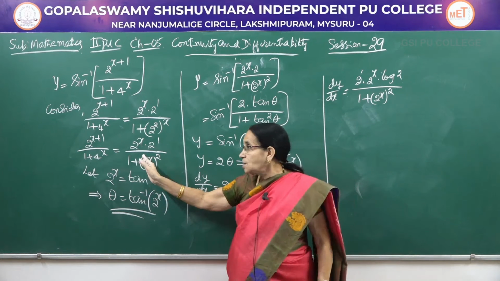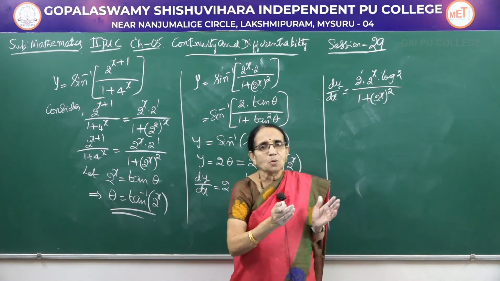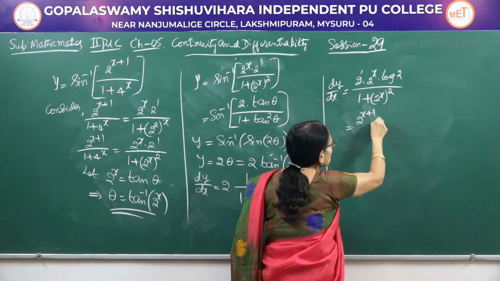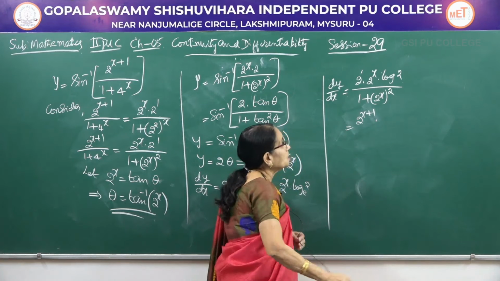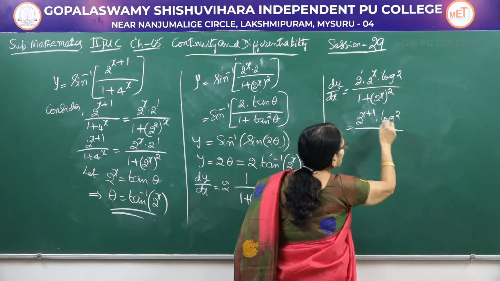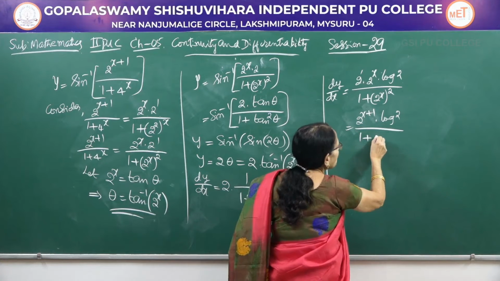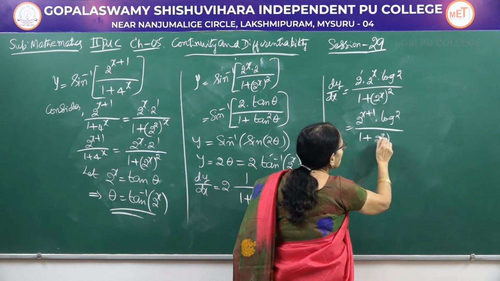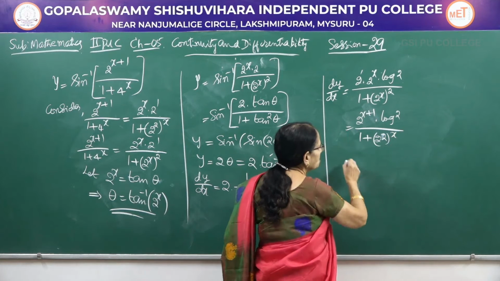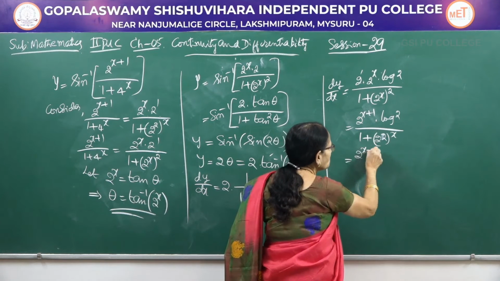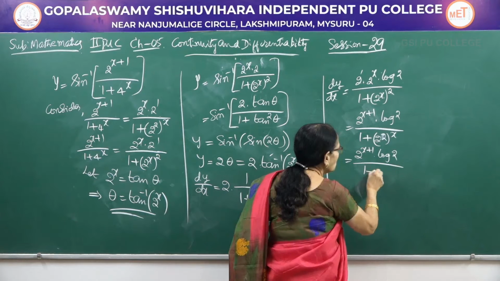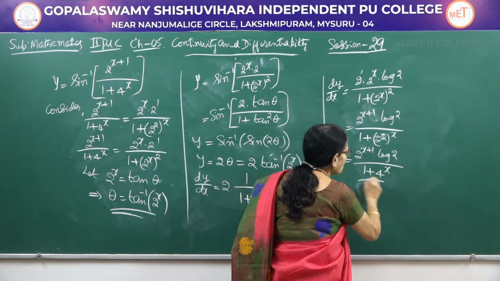Same thing I had used earlier to separate them. I am using it now to combine them. So this is 2 to the power x plus 1 into log 2 as it is. Now denominator: 1 plus 2 squared whole to the power x. So 2 power x plus 1 into log 2 divided by 1 plus 4 to the power x.